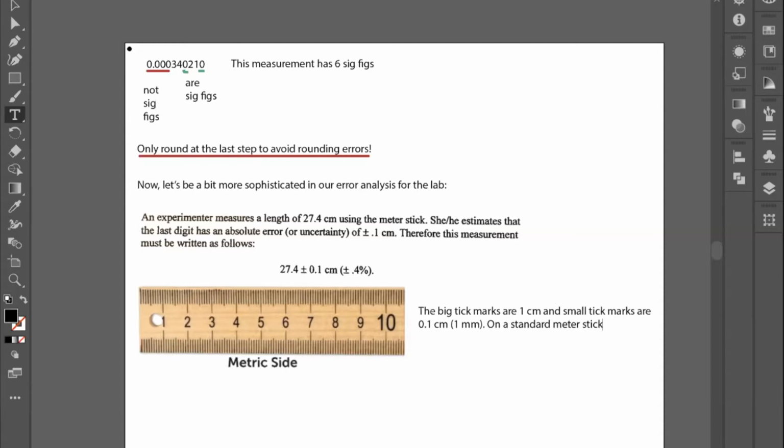There are some cheap vernier calipers if you want to play with them, but we're going to play with virtual ones. They're going to be more accurate than this. So that's why we say the accuracy is 1 millimeter for a meter stick. Now, this is the absolute error, and this is the percent error.